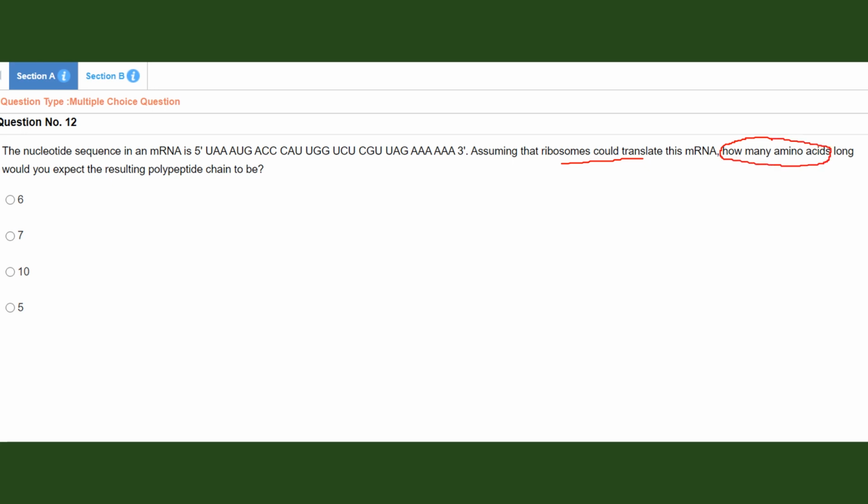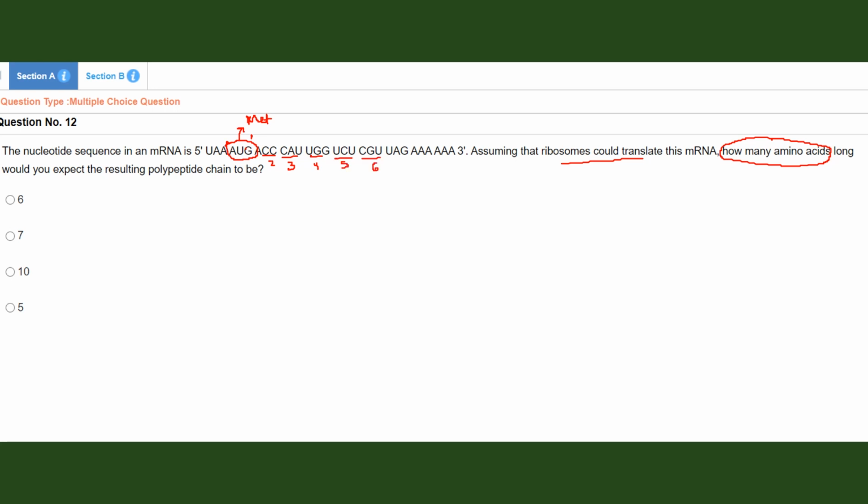So, this is an mRNA which is translated by the ribosome. When we look at the codons over here, we can spot a start codon which is AUG, methionine, which will be coded. So, this will be one amino acid, this will be the second amino acid, third, fourth, fifth, sixth.